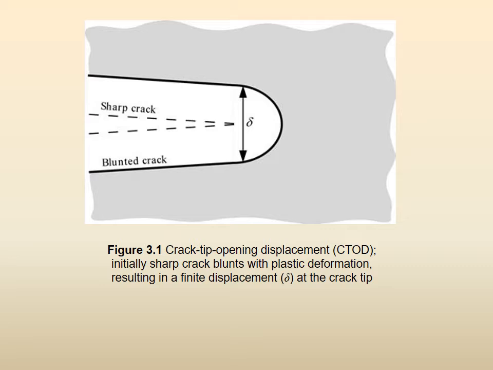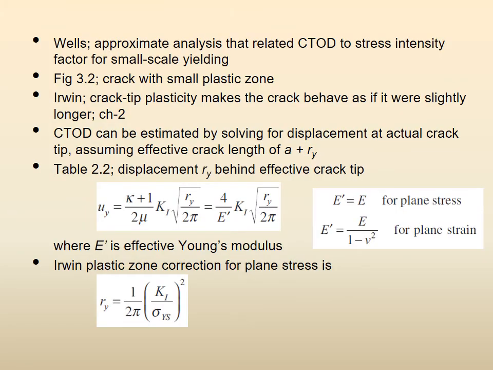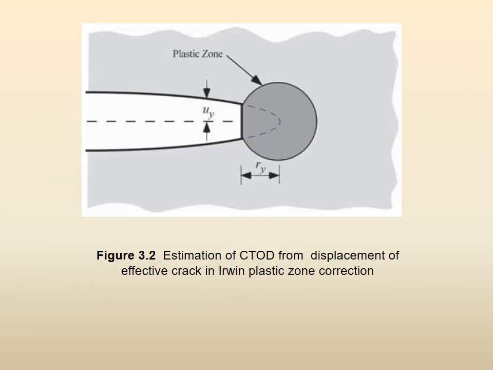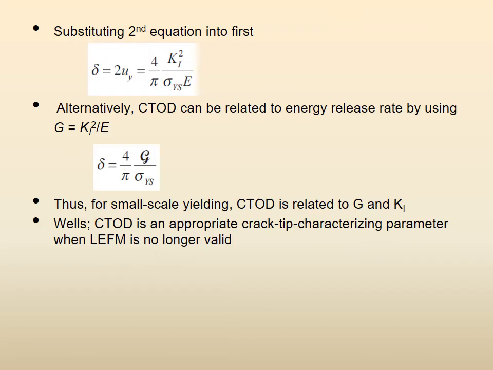We defined that the crack enlarges and this delta is the crack tip opening displacement. We gave you the final equations of how to deal with the CTOD in terms of the plastic zone correction. The figure explains the plastic zone correction RY and UY, and twice of UY is the CTOD.